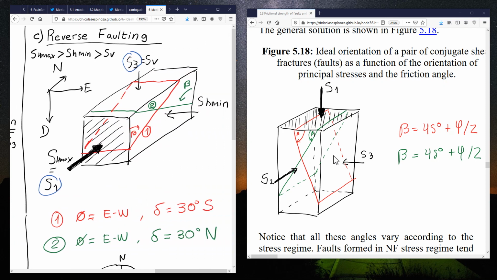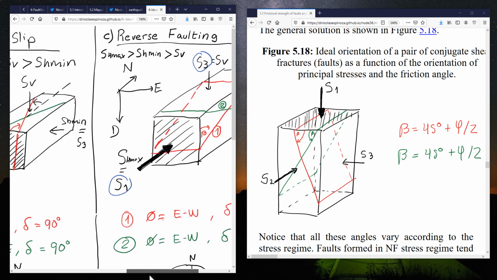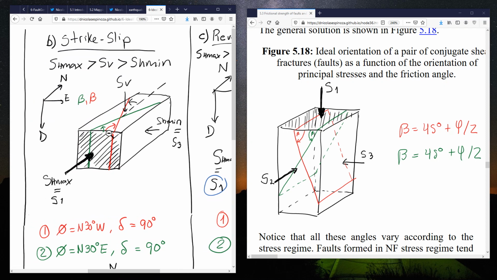Now for reverse is the case in which I flip this and I just make it lay down with this part on the horizontal plane, and now we have the S1, S3, and S2. Okay, wait. Let me correct what I just said.